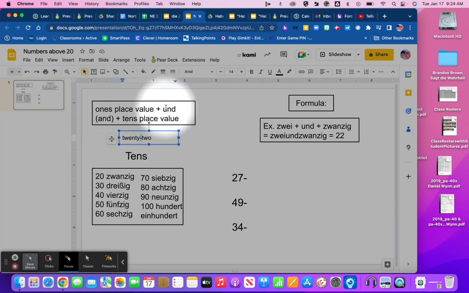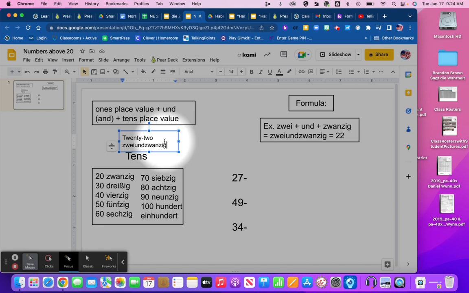But in German, they put the word and in between, and they reverse the ones value and the tens place value. They switch them. So in German, to write 22, as you see on the other side, you would write zweiundzwanzig, or 2 and 20, and it all goes together to make one new word.